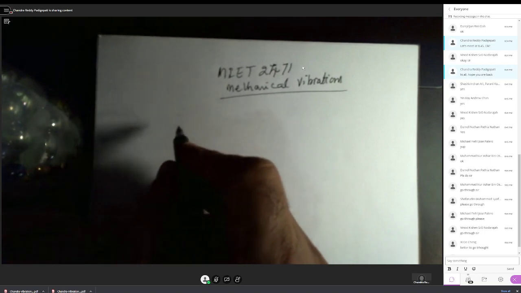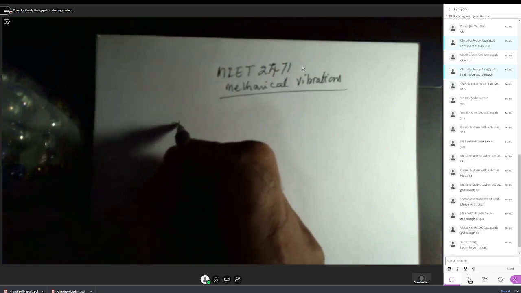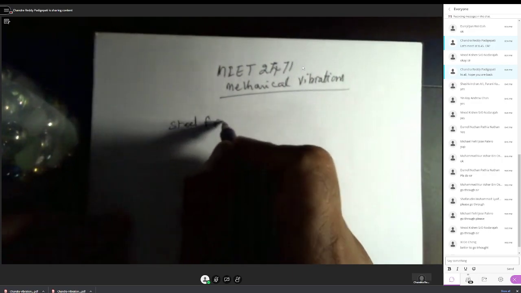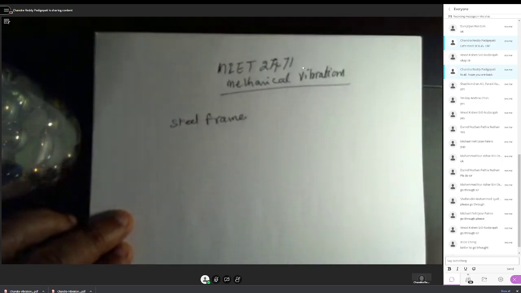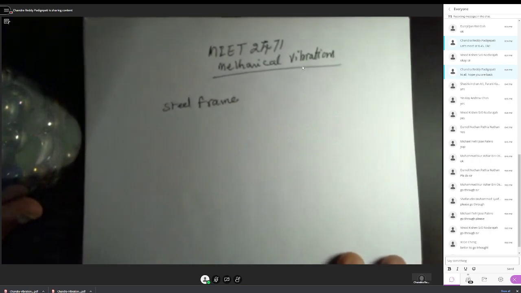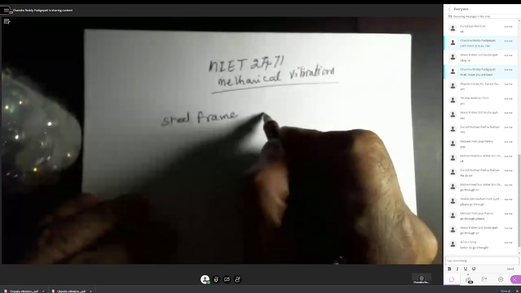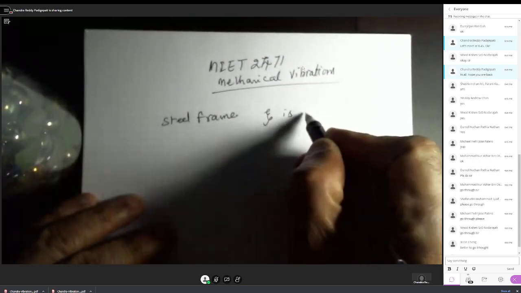Okay, so to begin with, for steel frame, we can say the damping ratio is small.